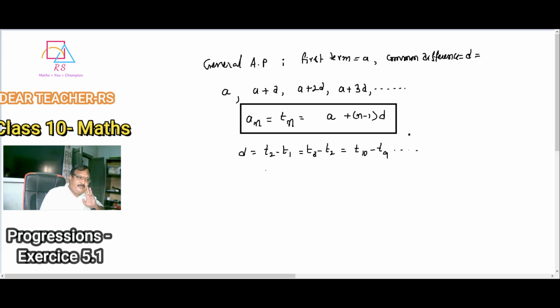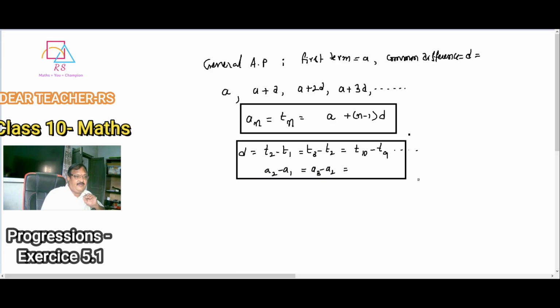In the textbook it might be given like this: A2 minus A1 or A3 minus A2. Whatever notation you have, you can use it. This is the common difference. Sometimes you may get common difference in MCQs also, so please remember it.